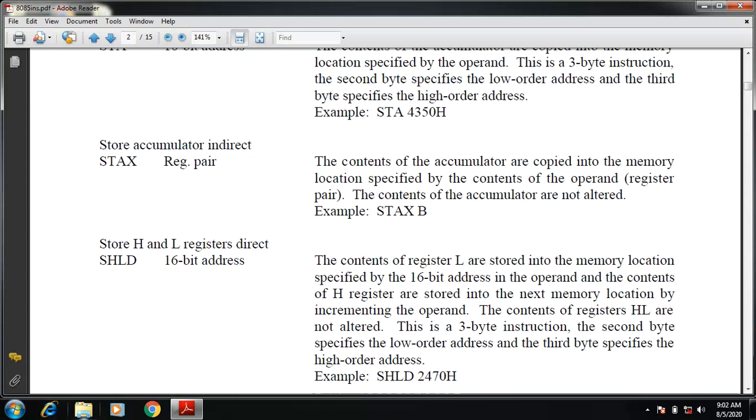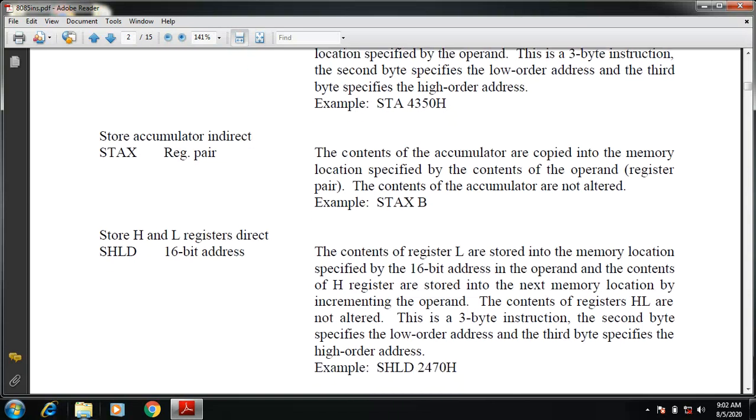The next is SHLD, for a 16-bit address. So store H and L register directly, whereas in STAX we store the accumulator indirectly. Here SHLD acts directly on the HL register. So store the content of data, first L, then H. The content of register L is stored into the memory location specified by the 16-bit address in the operand, and the content of the H register is stored into the next memory location.